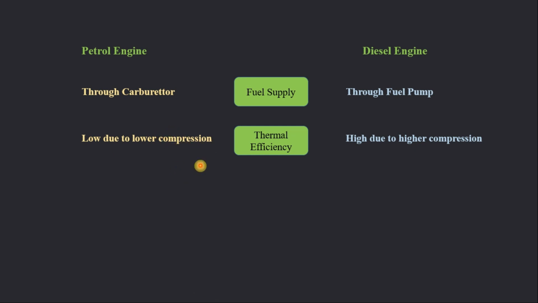Efficiency of a petrol engine is 1 minus 1 upon r raised to gamma minus 1. So the compression ratio r will be present in the equation of efficiency of petrol and diesel engines, and based on the value of r we can say that for a petrol engine thermal efficiency is low as compared to a diesel engine.